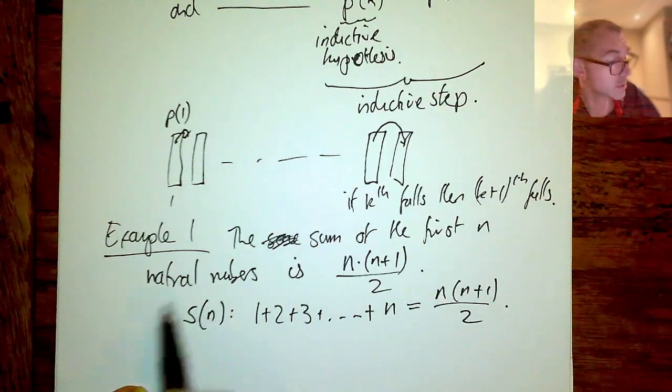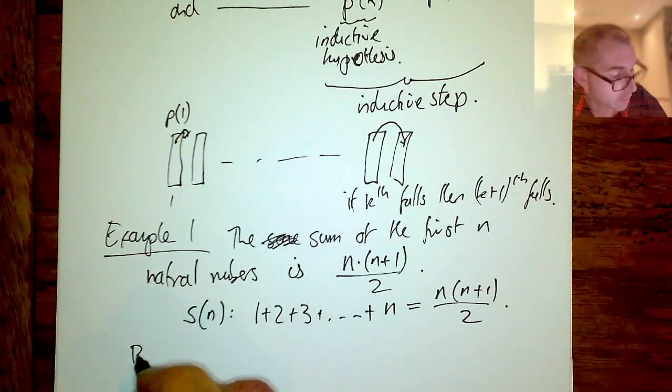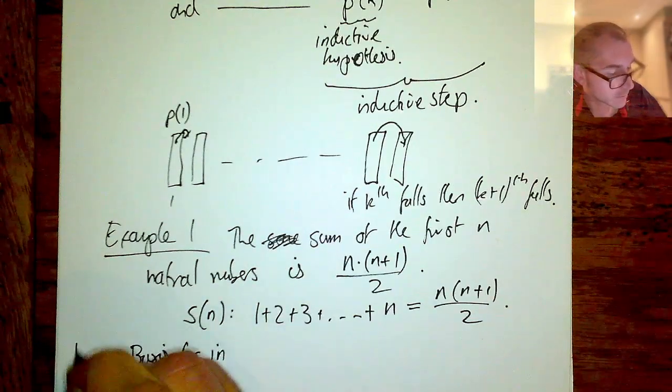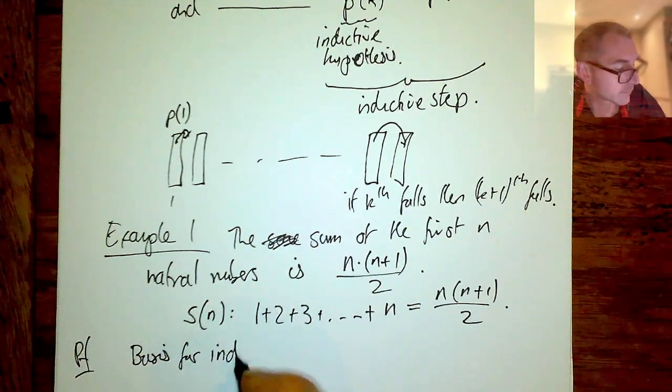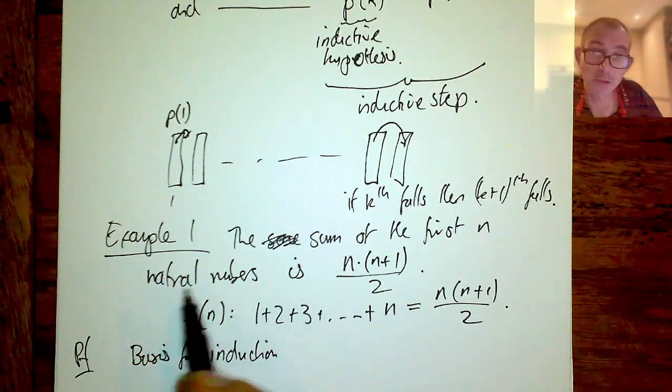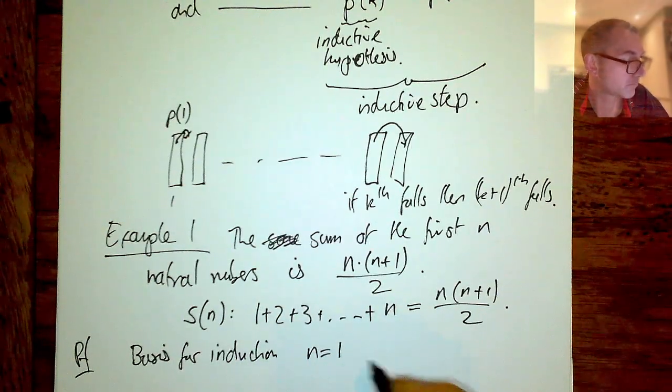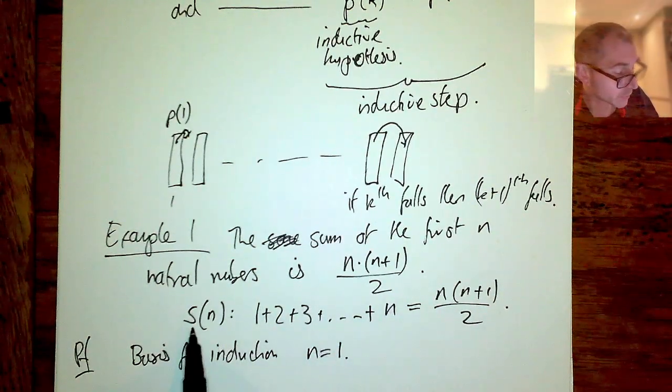Okay, so basis for induction, and this is the proof. The basis for induction is to do this when n is 1. Well, what does this say?